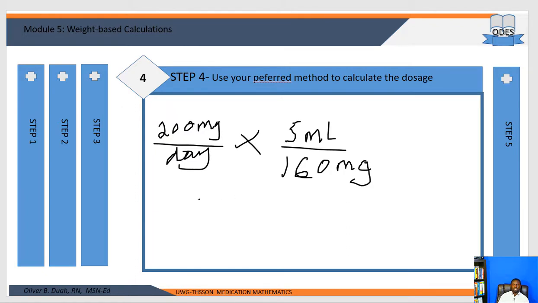So this is using the formula method or the proportion. So milligrams will cancel milligrams. Okay, we can cancel some zeros, and we have 20 times 5 divided by 16, so that will give us 100 divided by 16.